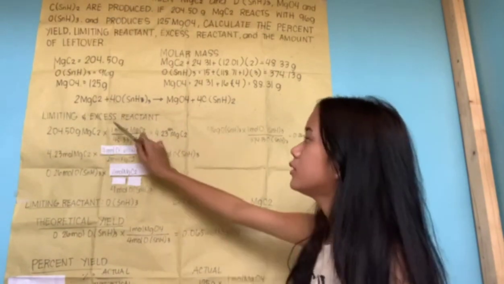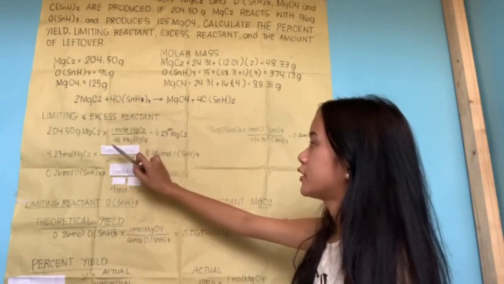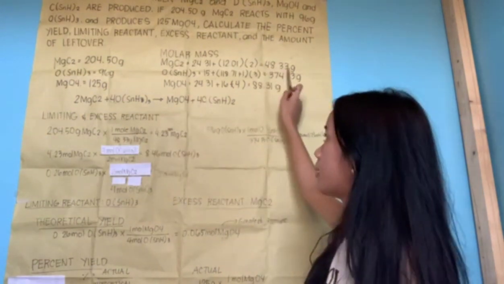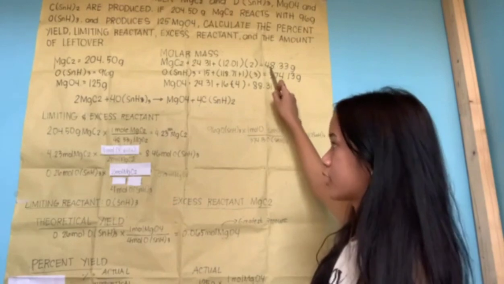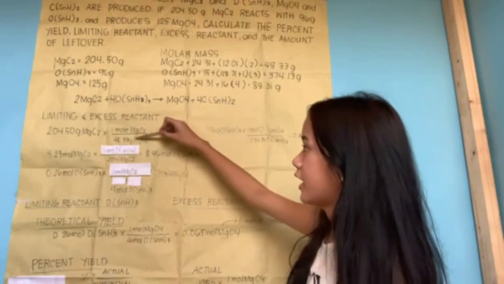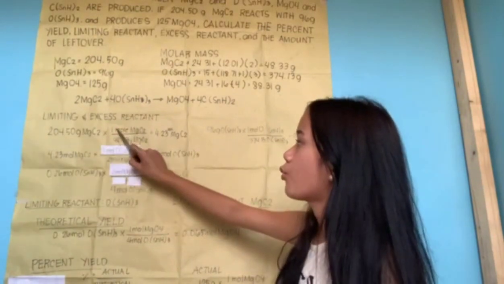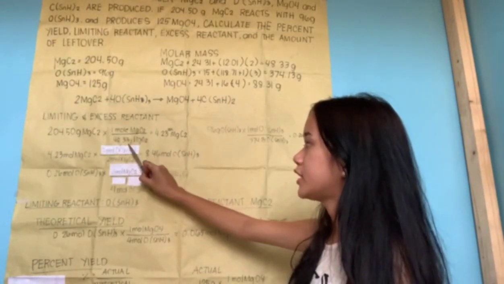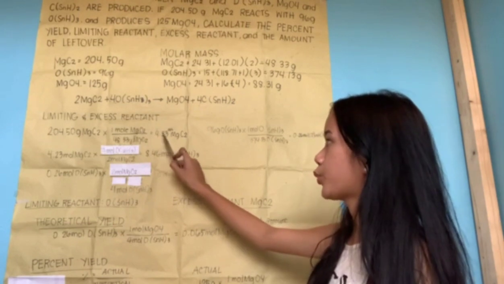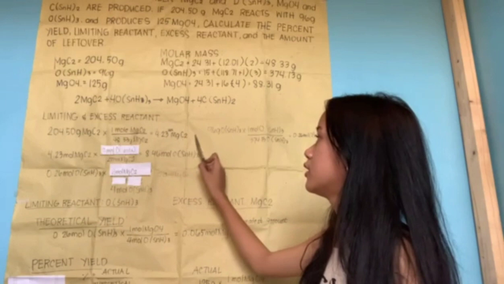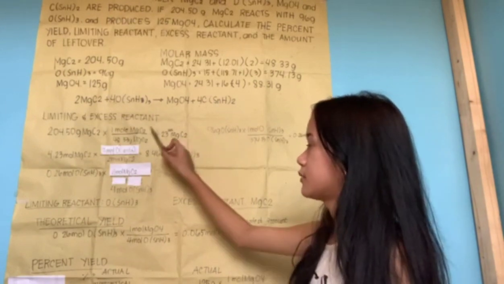So 1 mole, then 48.33 G, which we get from the molar mass of MgC2. So cancel out. 204.50 G times 1 divided by 48.33 G is equal to 4.23 mole MgC2. So this is the total of the answer.